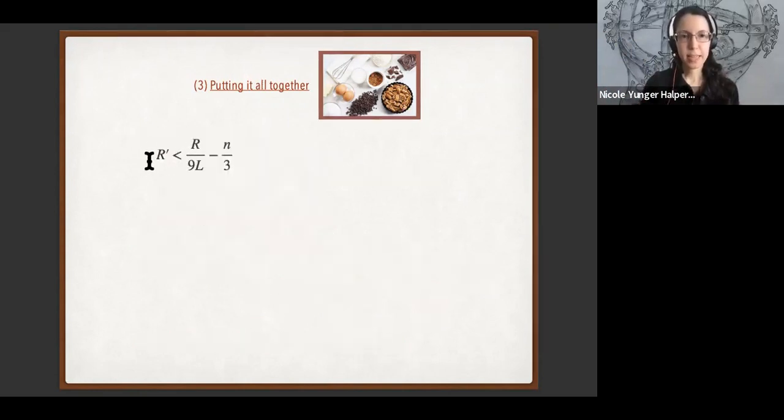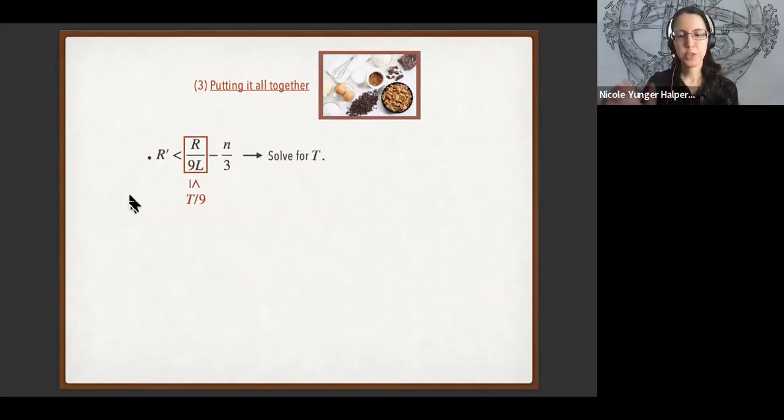This is the lesser number of gates that we would imagine trying to use to implement the unitary U. R over L is the total number of gates over the maximum number of gates per block. So we can recast that in terms of T, the total number of blocks.